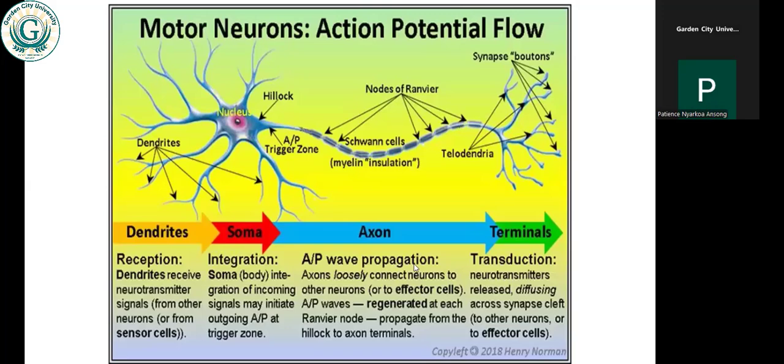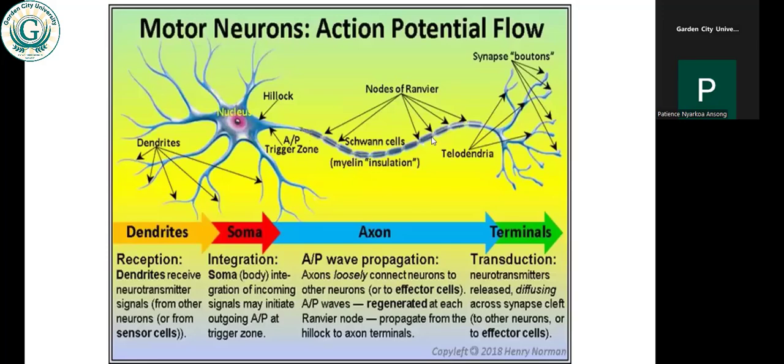Now, action potential wave propagation happens along the axon, where you have the subsequent opening of voltage-gated sodium channels. Then sodium gets in, the membrane potential changes, then it will trigger subsequent voltage-gated sodium channels to open, and then sodium gets in till it gets to the axon terminal.